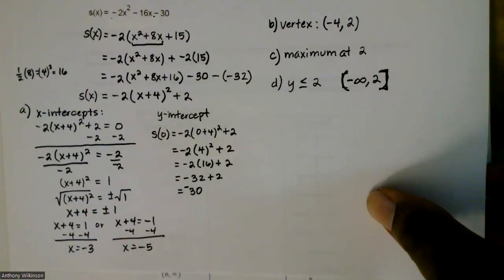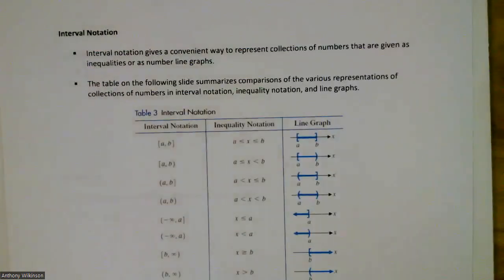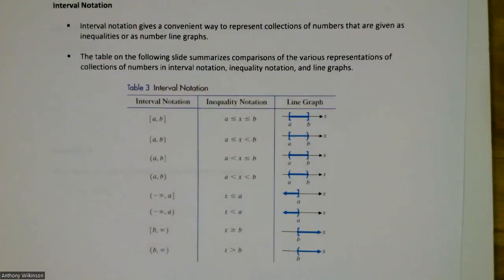Now, while I'm on the subject of intervals, which I was using here in these examples, let's talk about interval notation. Here it is. Interval notation gives a convenient way to represent collections of numbers that are given as inequalities or as number line graphs. The table here summarizes comparisons of the various representations of collections of numbers in interval notation, inequality notation, and line graphs.